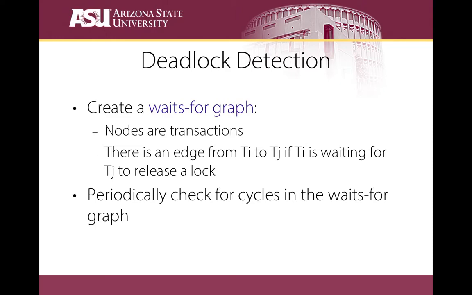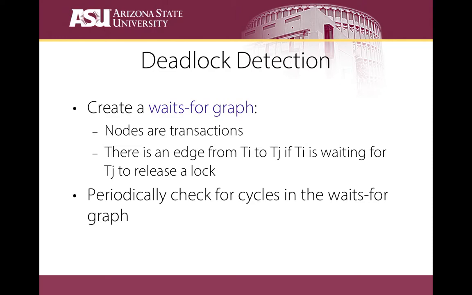And you can definitely guess that when there is a cycle in this graph, that means there is a deadlock. If you have two transactions, it's simple because this one is waiting for this one to release a lock and the other one is waiting for the other transaction to release a lock. But if you have more than two transactions, the cycle doesn't need to be direct.